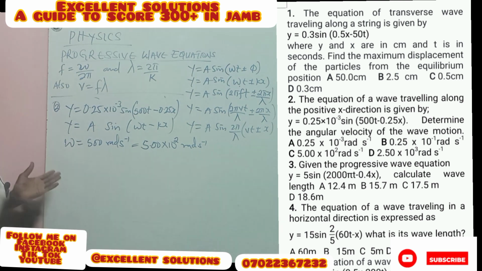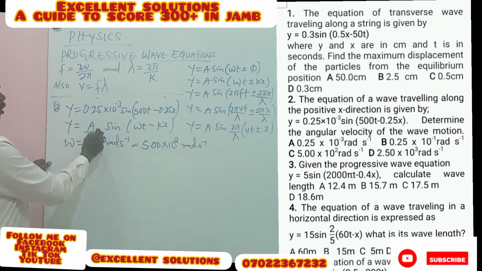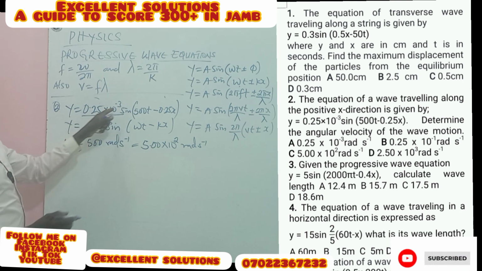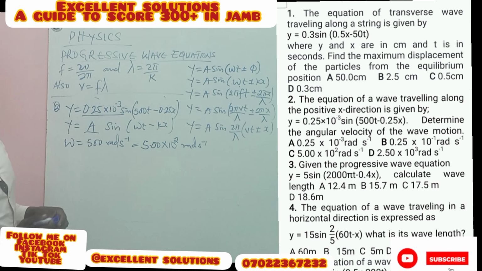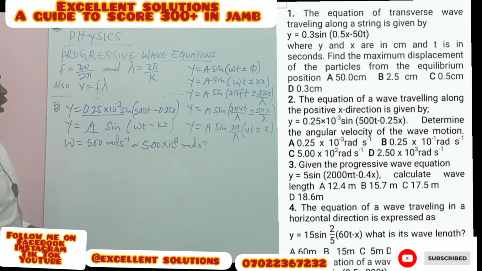So if we look carefully to understand more on the progressive wave equation, our amplitude A is the same as 0.25 exponential minus 3. And our k here is equal to 0.25. And the angular velocity is equal to 500. So we are looking for the frequency here.